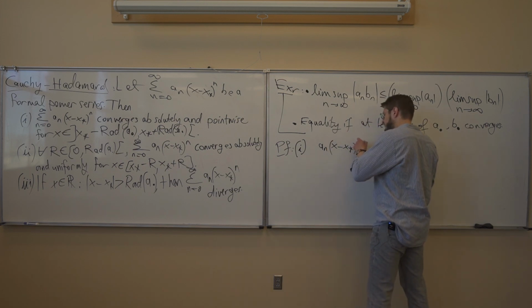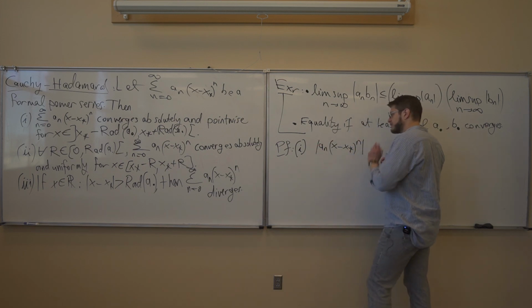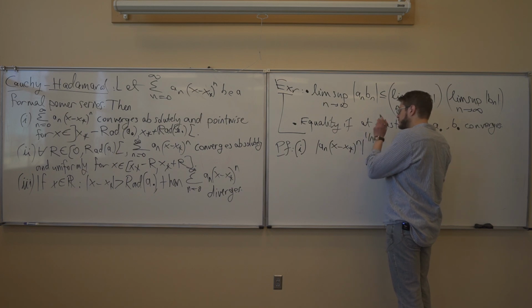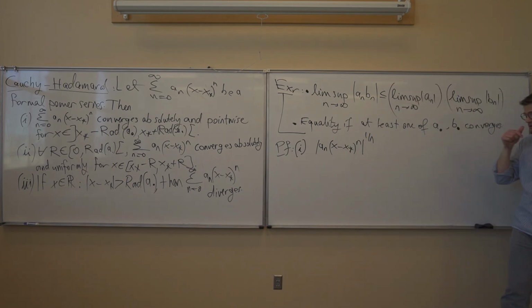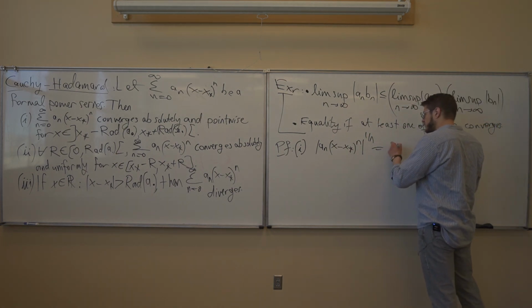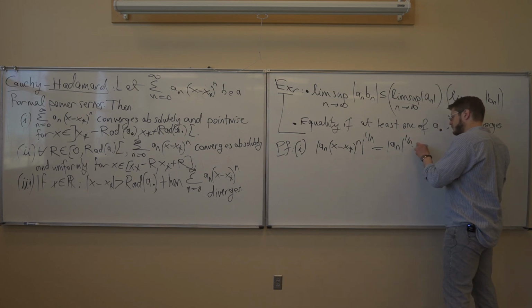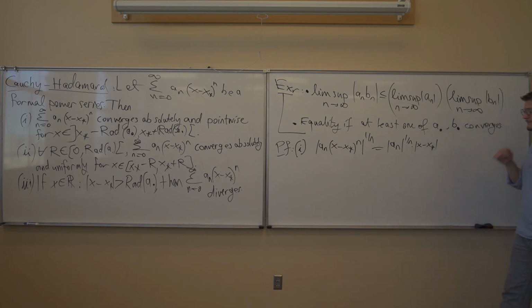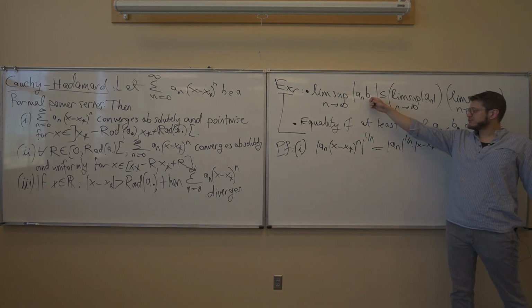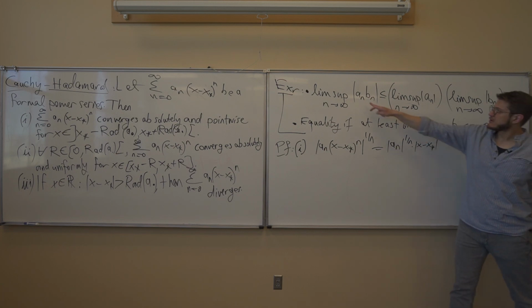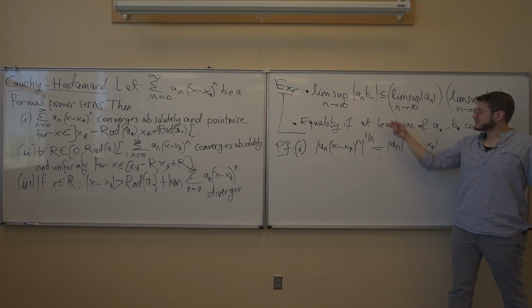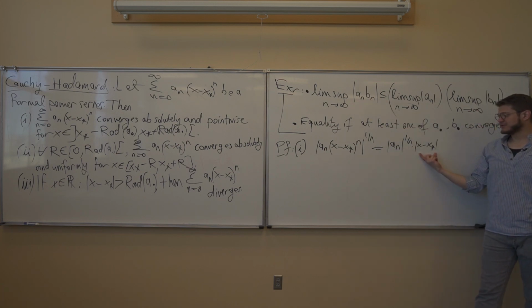So I'm looking at this guy, taking the absolute value, and then raising it to the power 1/n. Of course, this distributes, and this just gives me this. Now, in fact, in this case, one of the sequences here is this sequence, and the other sequence is, let's say, this constant sequence.